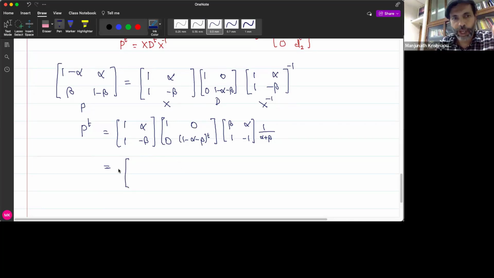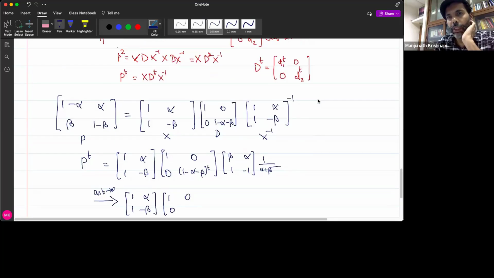What do we get? First of all, we might as well take the limit here. What happens as t goes to infinity? These matrices are not changing. But what happens to this entry? Now, alpha and beta are between 0 and 1.